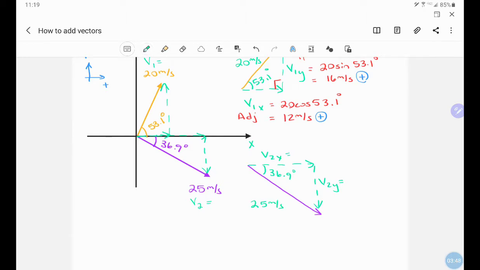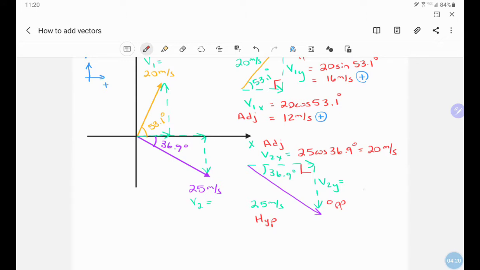Same idea. Because we've broken it up along x and y, we have a right triangle. So this is the hypotenuse. This is the opposite side here. And this is the adjacent side. So if we start with the x component, that is going to be 25 cosine of 36.9 degrees, giving us 20 meters per second.